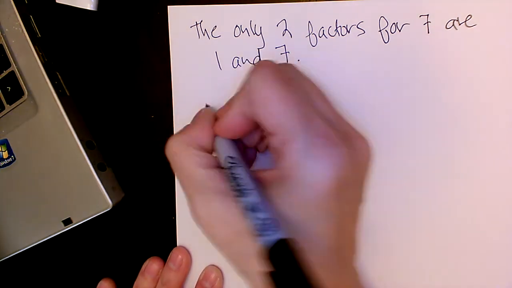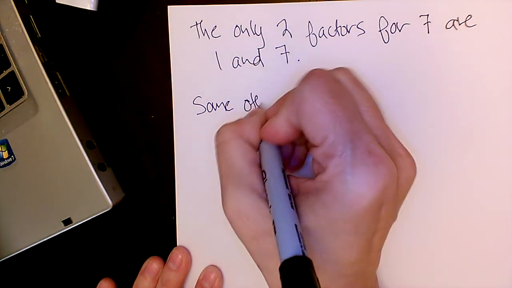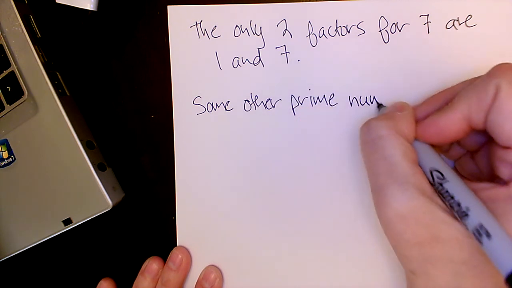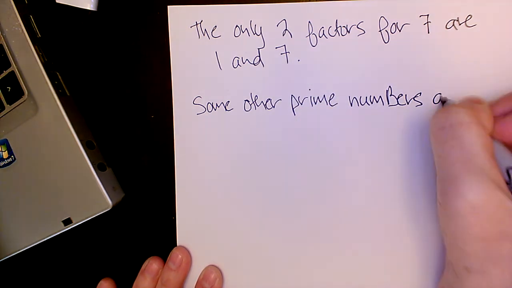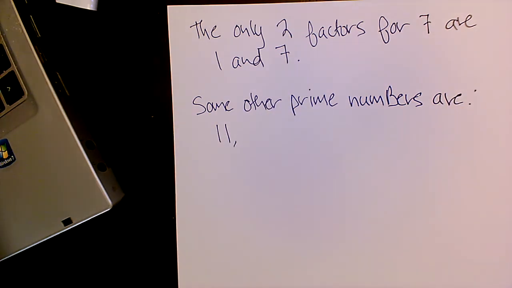Can we name some other prime numbers? What about 11? Does anything go into 11 but 1 and 11? Think about the counting numbers. 2, 3, 4, 5, 6, 7.